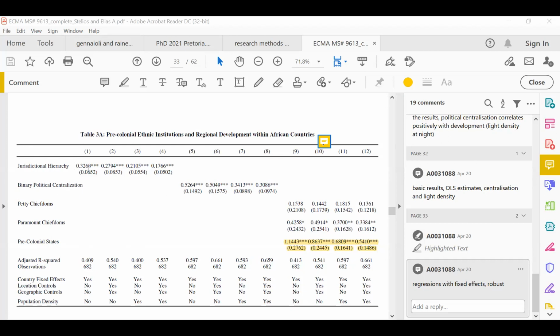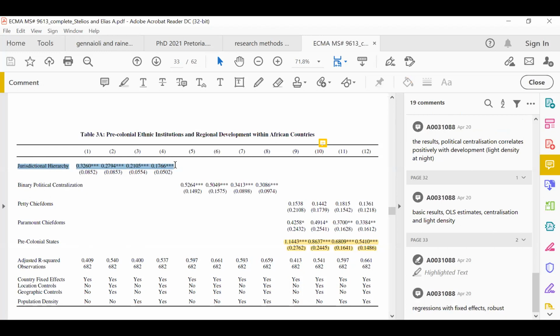So the jurisdictional hierarchy again is positive and statistically significant against electricity, and an alternative variable, precolonial states, is also positive and statistically significant. So the importance of precolonial institutions. Paramount chiefdoms is also positive and statistically significant.